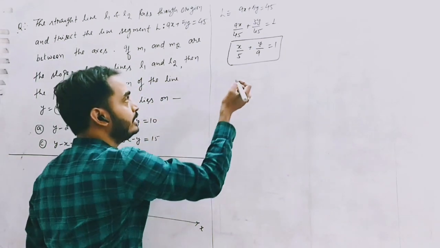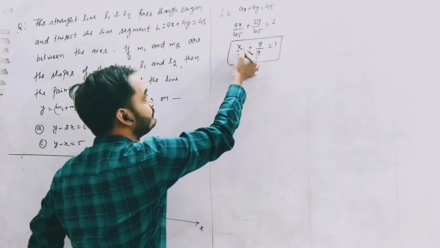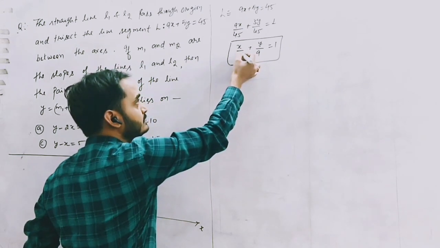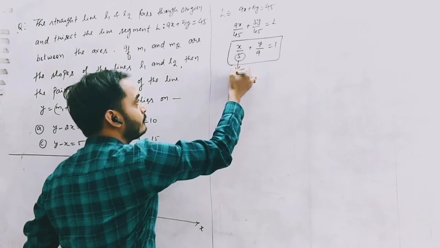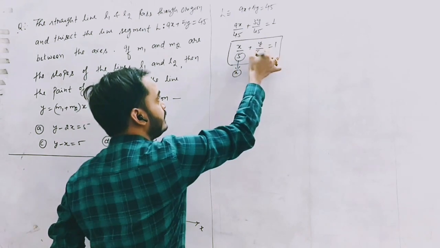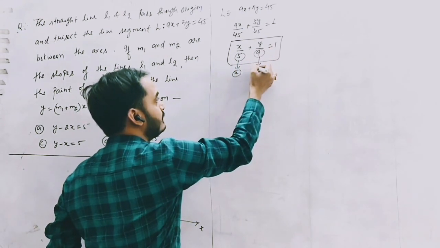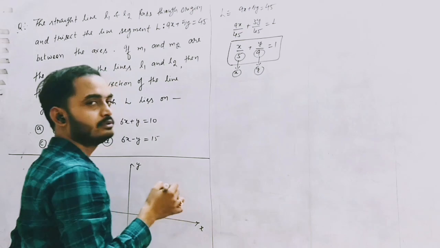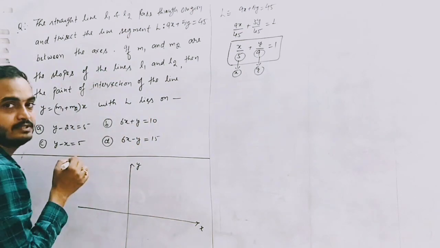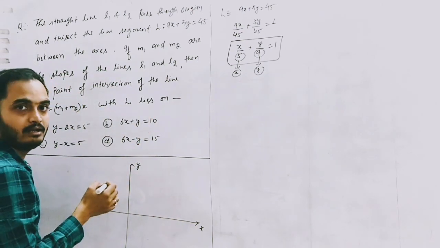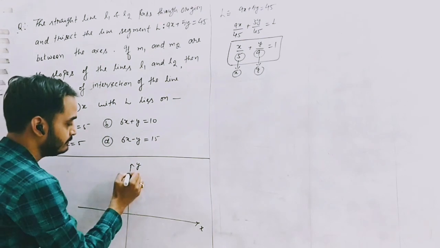We already know that in the intercept form of the equation, x upon something is the intercept on the x-axis and y upon something is the intercept on the y-axis. So take these intercepts 5 and 9 on the x and y-axis respectively.